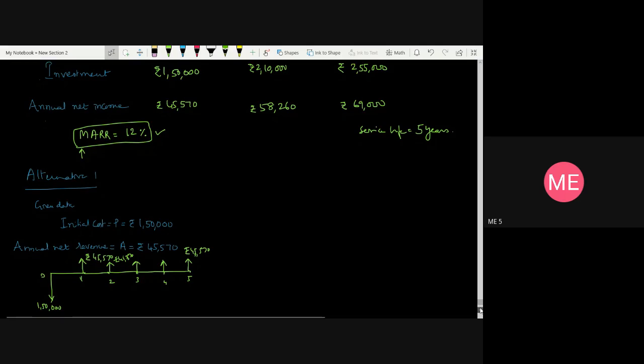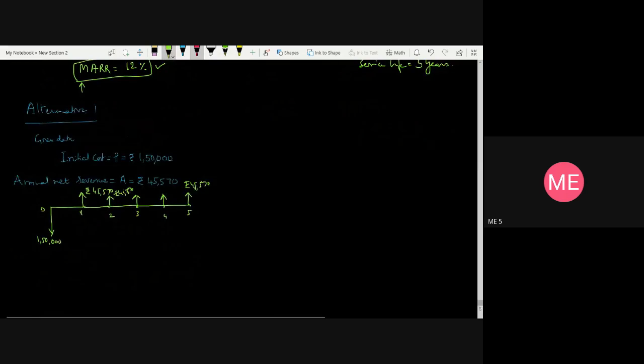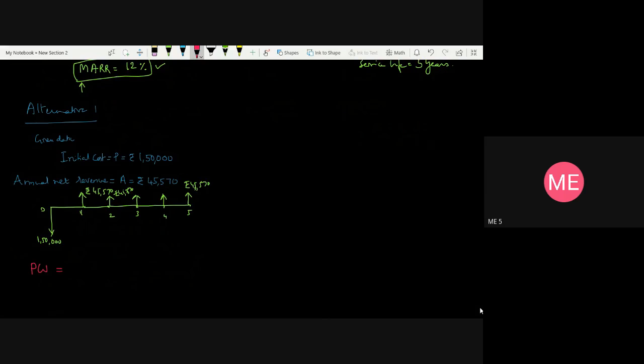Because it is a revenue-dominated cash flow diagram, I'll take the cost as negative: minus P plus, because these cash flows are an annuity, A into P by A, to find the present worth for the given i and N. Here i is not given. Don't confuse it with the MARR.